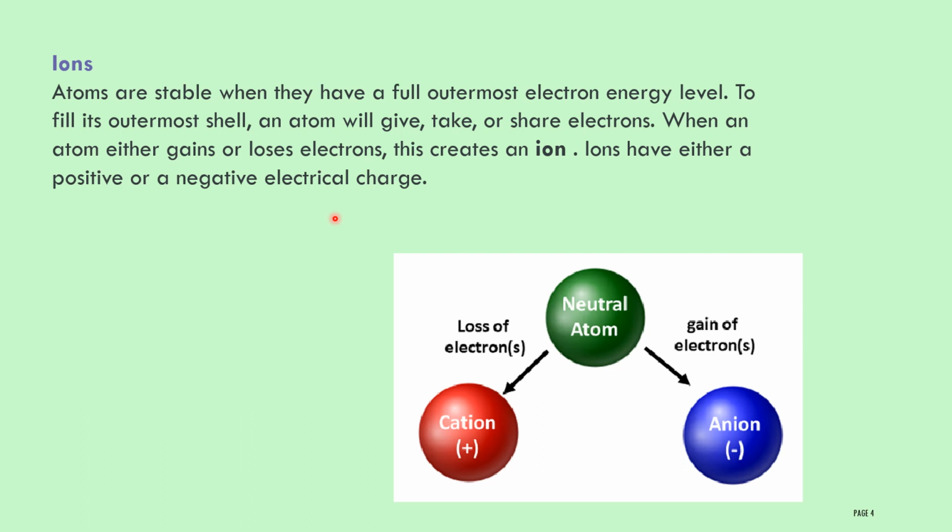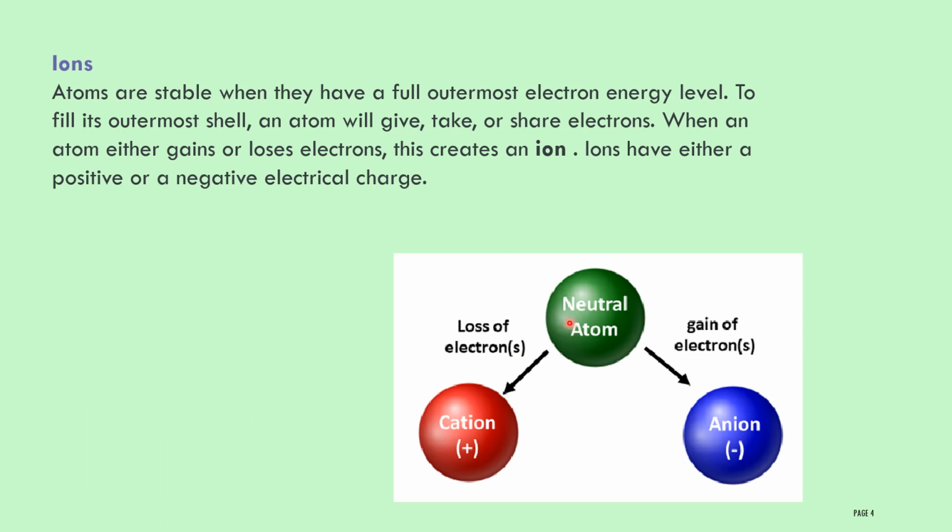When electrons are exchanged from one atom to another, an atom loses or gains electrons and forms ions.